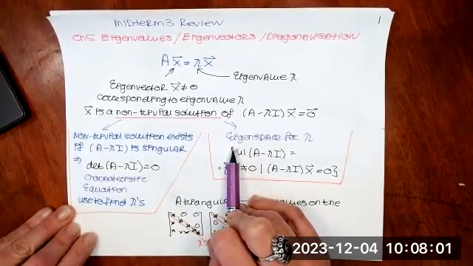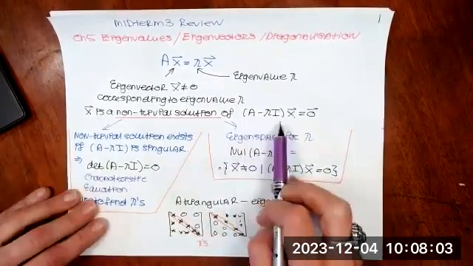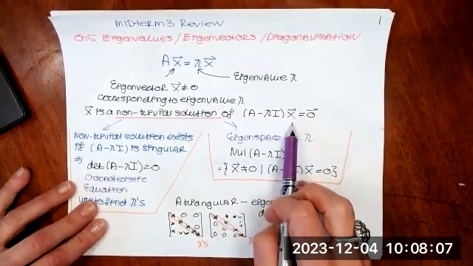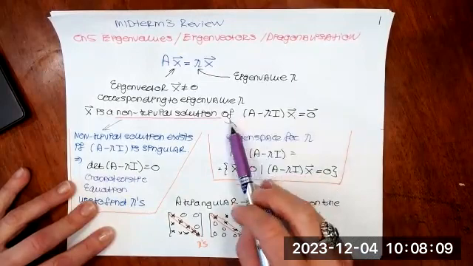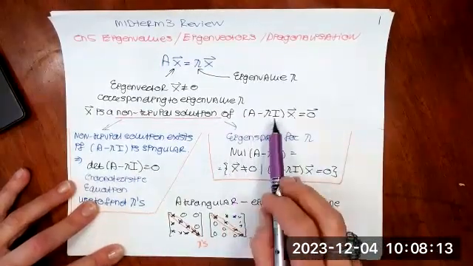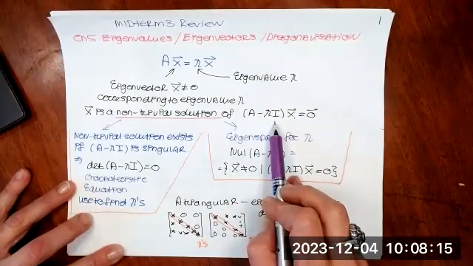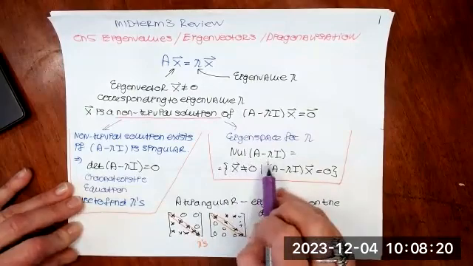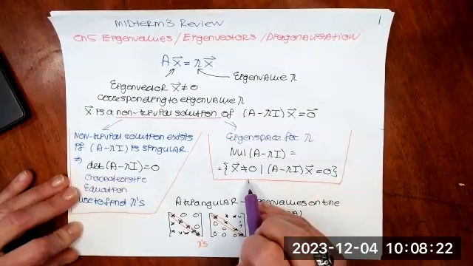And when you look for eigenvectors, you basically have to look for, well, what are those non-trivial solutions? And the non-trivial solutions of the system we know are basically the null space of the matrix A minus lambda I. So we can look for the null space of this, right?